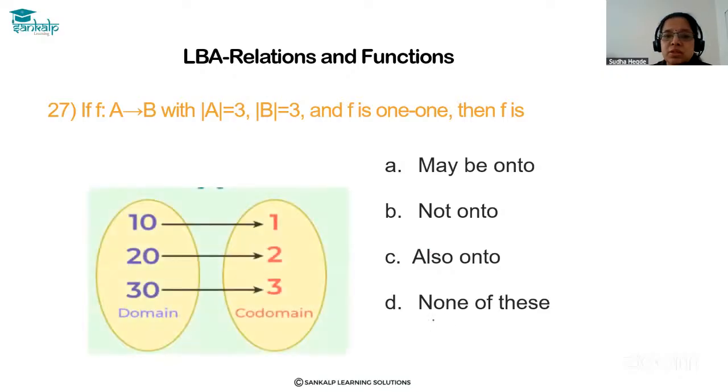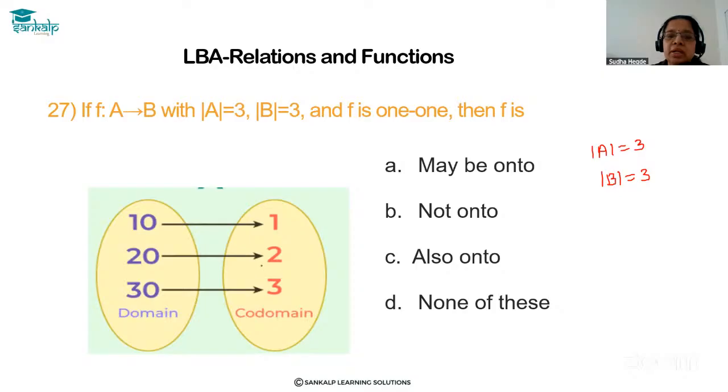Suppose f is one-one and the domain has 3 elements and the codomain also has 3 elements. See the figure here. Here also the domain has 3 elements, the codomain also has 3 elements.